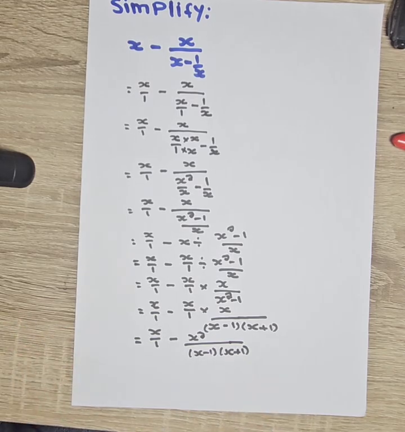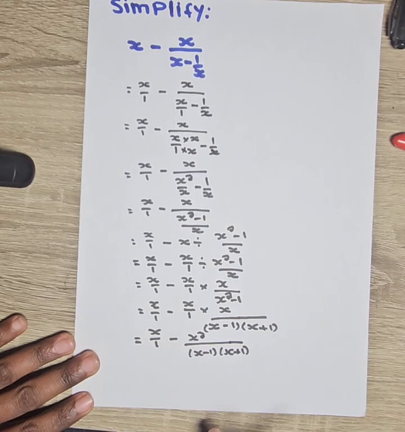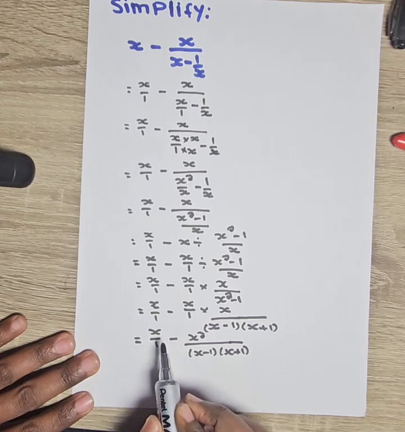So only one fraction will change. We're going to change this fraction by multiplying by these 2 brackets, both denominator and numerator.